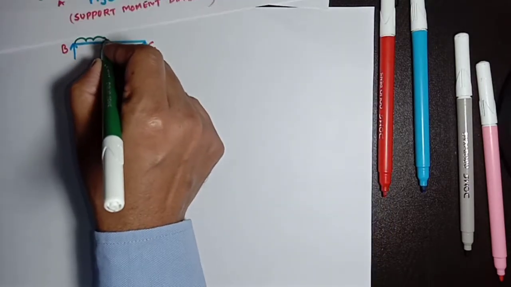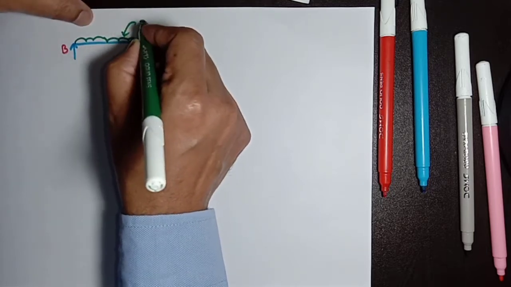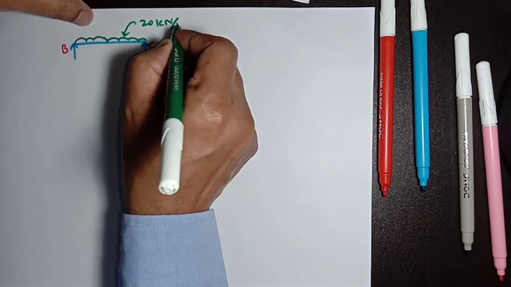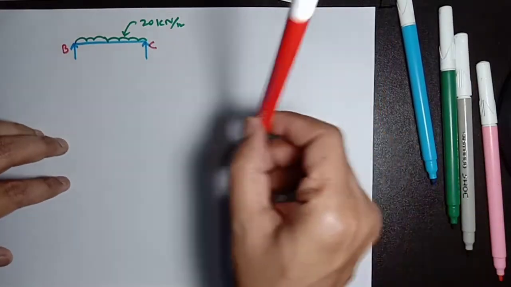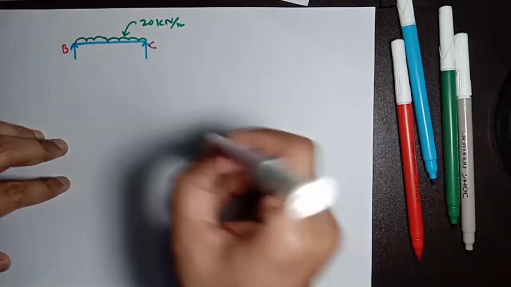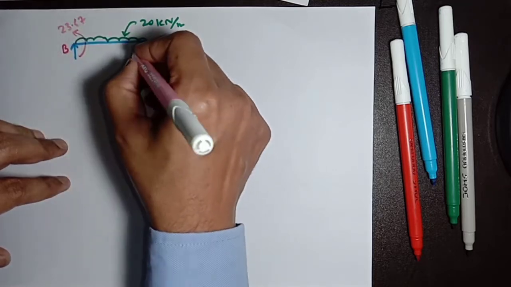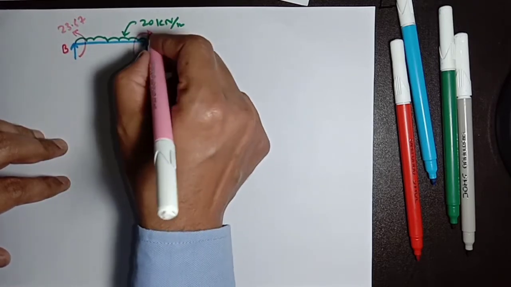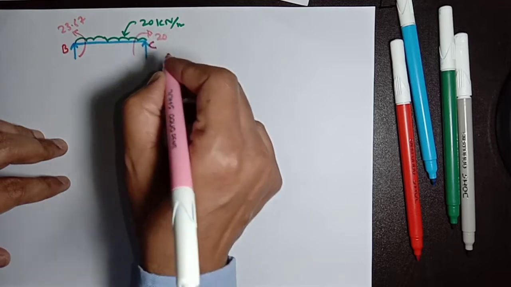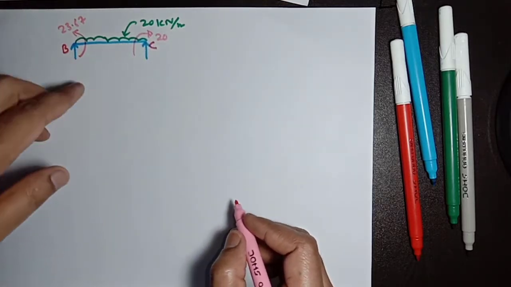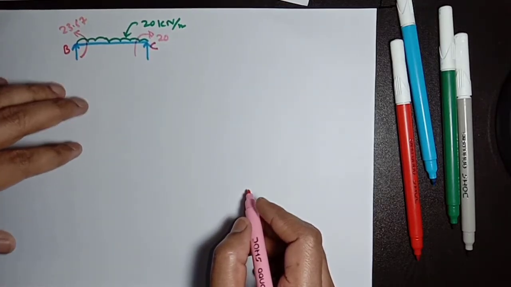It also has a support moment of 23.67 anticlockwise at B, and a clockwise moment of 20 at support C. This is the loading diagram for span BC.